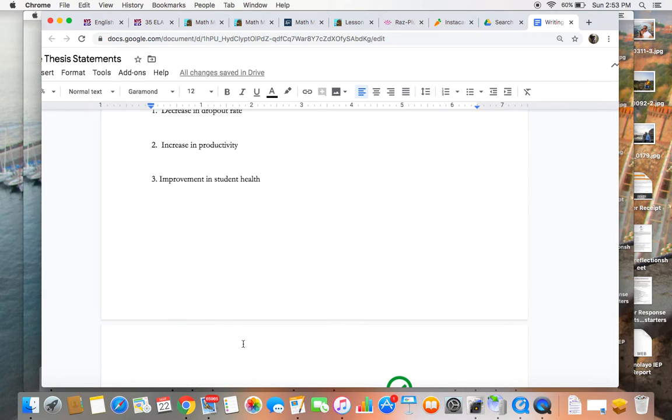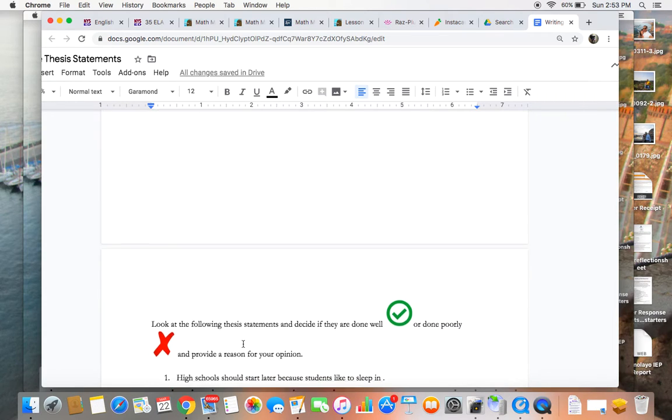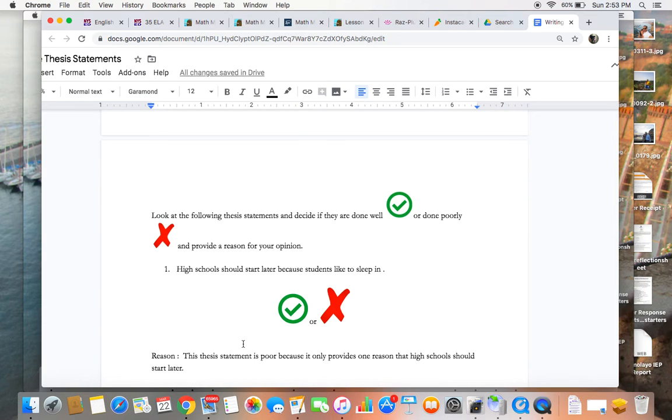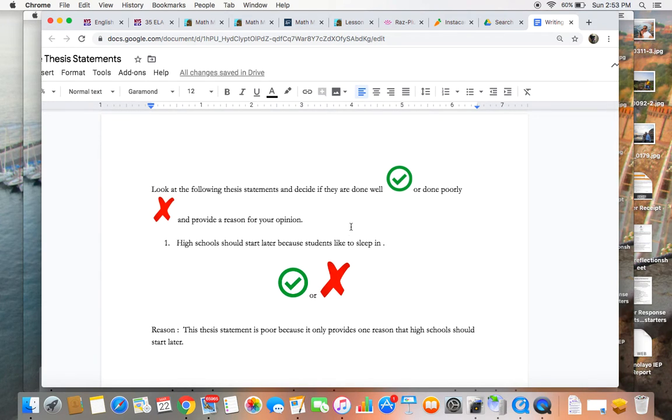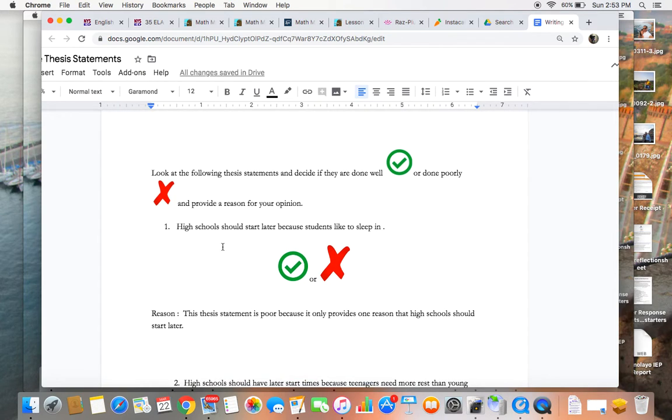Okay, so we're going to take a look at some other thesis statements, and I'm going to tell you if they're good or bad and why. Okay, so we're going to look at this thesis statement to see if it's done well or done poorly. Okay, so this one, high school should start later because students like to sleep in. While this may be true, this is not an effective thesis statement.